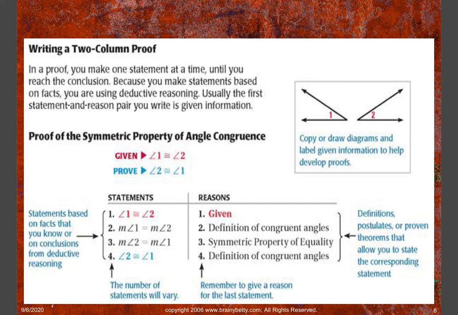I would never have gone four steps if they didn't give me four steps and ask me for the reason, so this would never be an open-ended blank one. But that first one is given. The second one, we went from congruence to equals, so that's definition of congruence. The third one, you switched sides, so that's symmetric. And the fourth one, you went back to congruence, so it's the definition of congruent angles, okay?